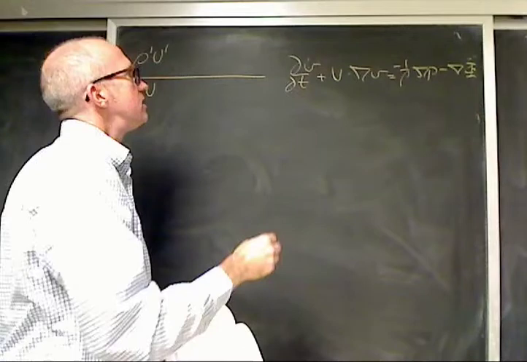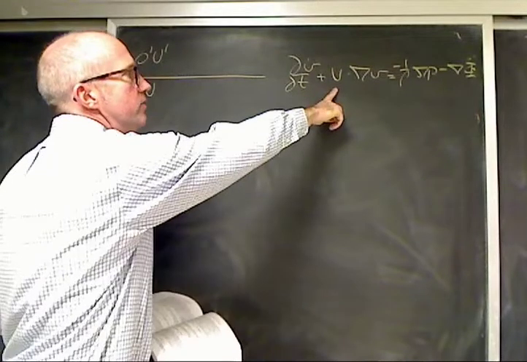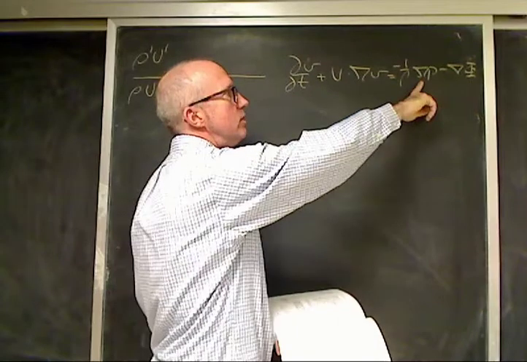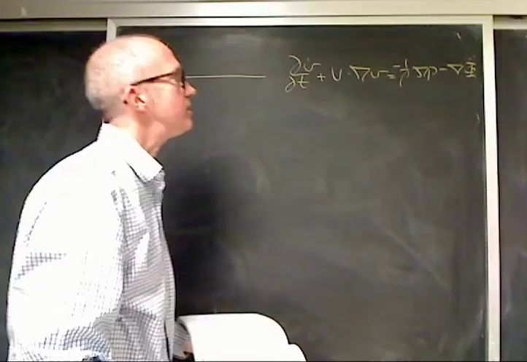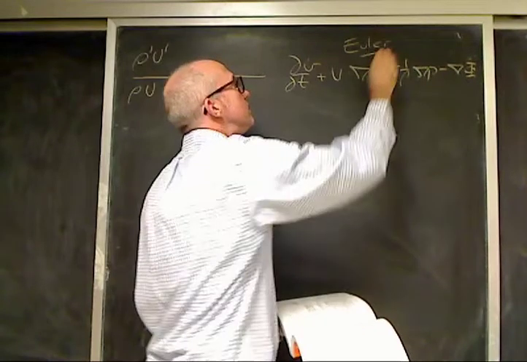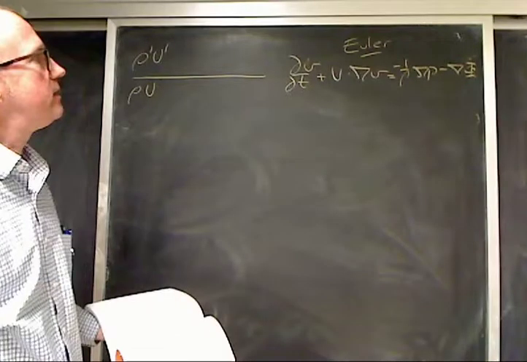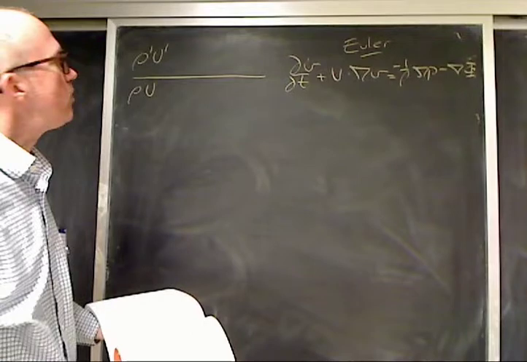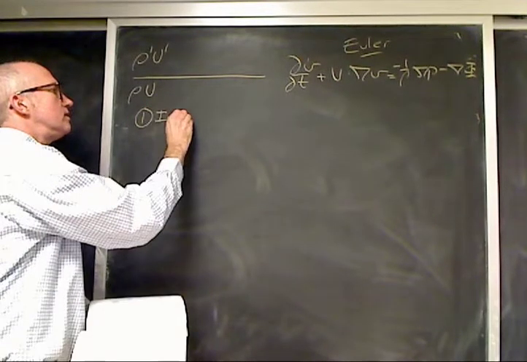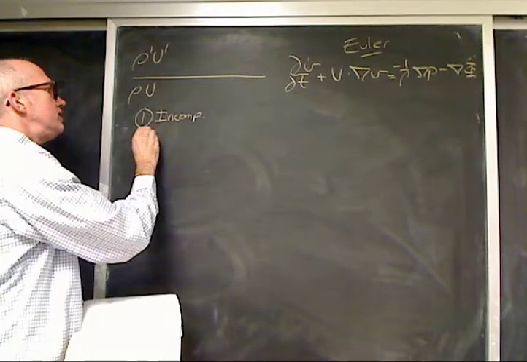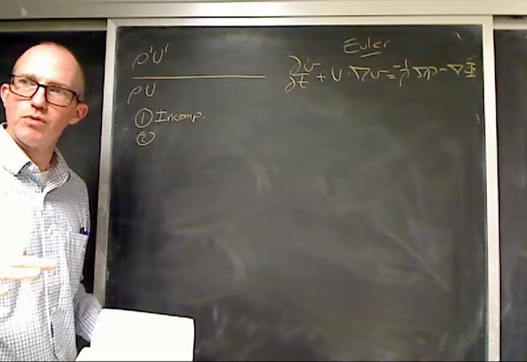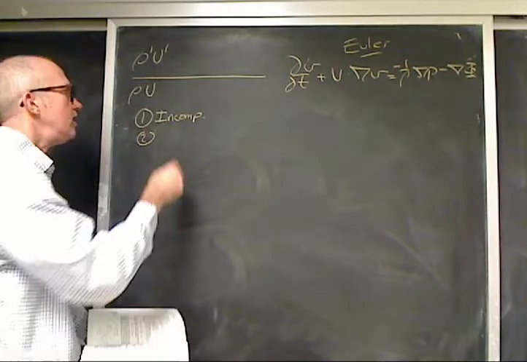So dv/dt plus v dot grad v is minus 1 over rho grad p minus grad phi. So this is Euler. And what we're going to assume is incompressible. And second, we don't need to assume. We can just look at the problem and say, because of the way it's set up, it's not rotational.